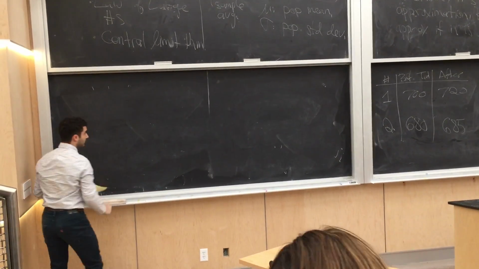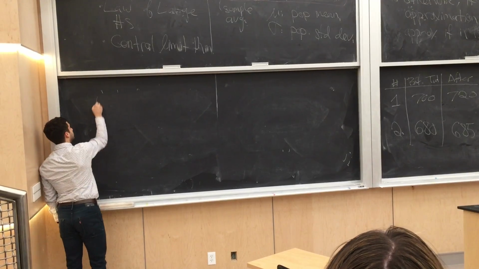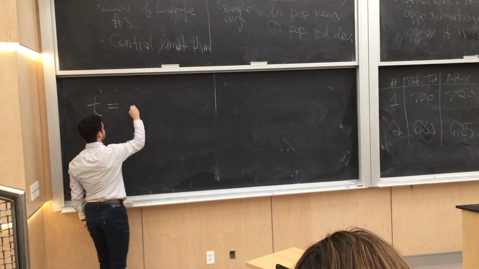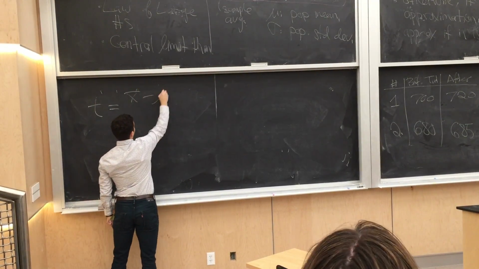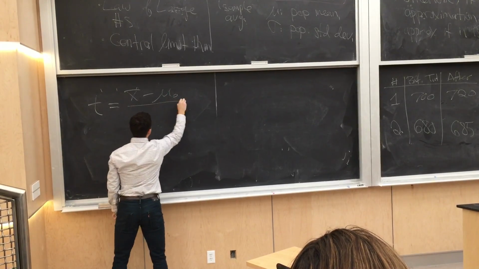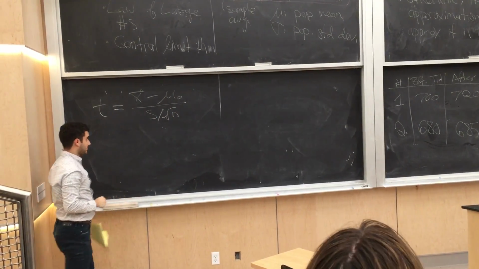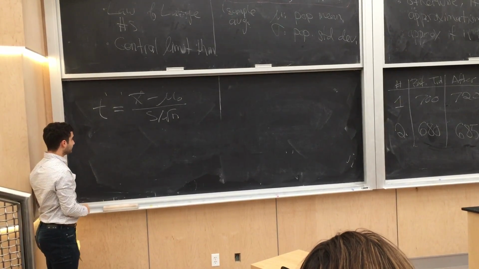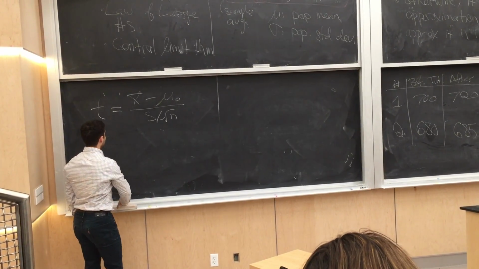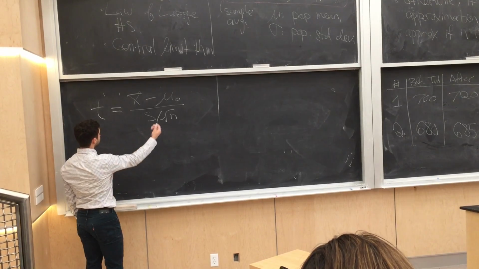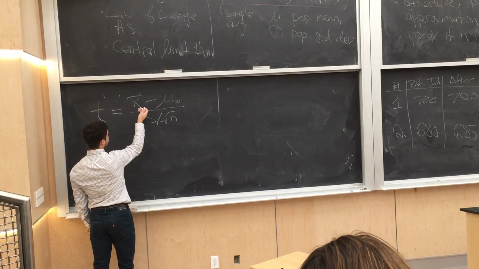Remember, the t-statistic is x bar minus mu naught over s over root n. In this case, we're concerned with the differences.